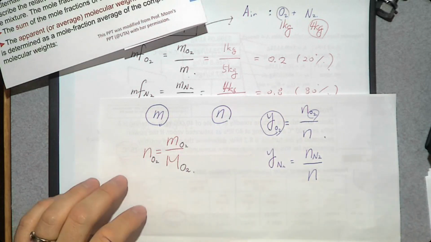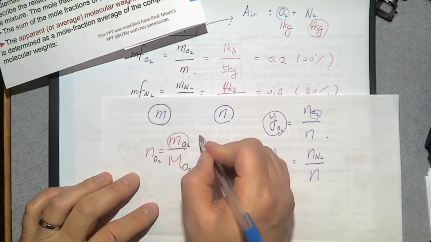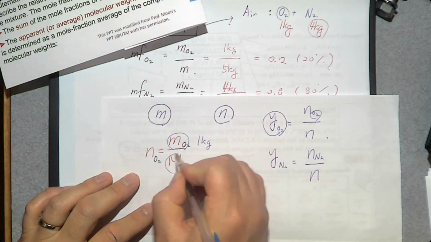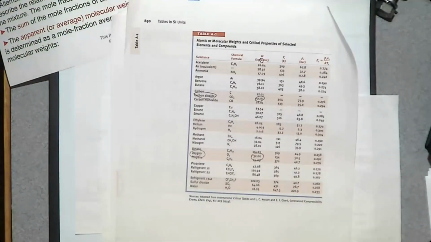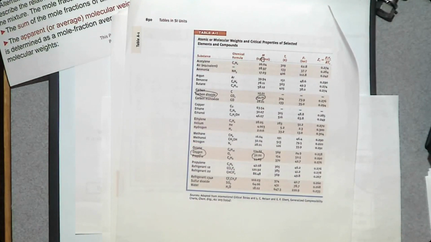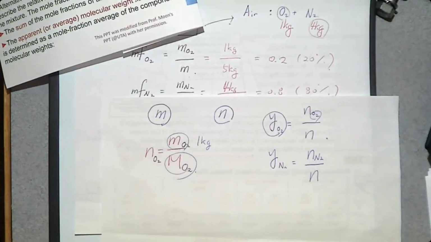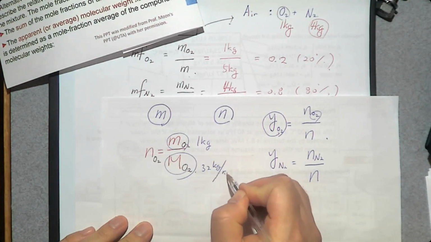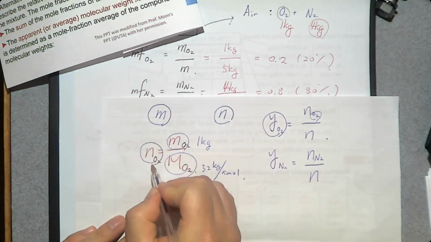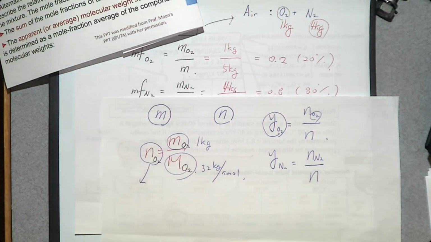What is the molecular weight? If you want to determine the molecular weight, you can go to Table A1, which is here, 32 kilograms per kilomole. Then you get the number of moles of oxygen.